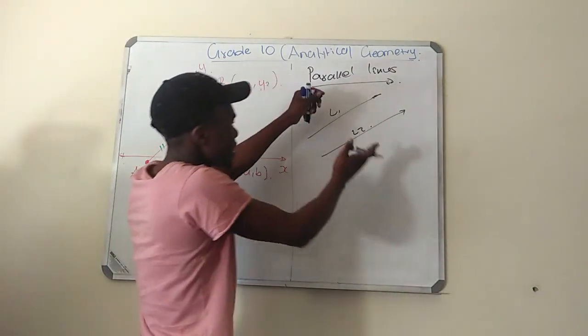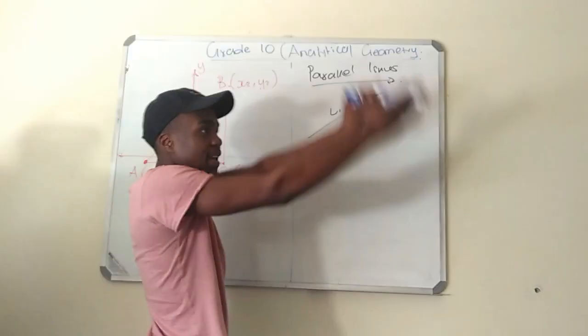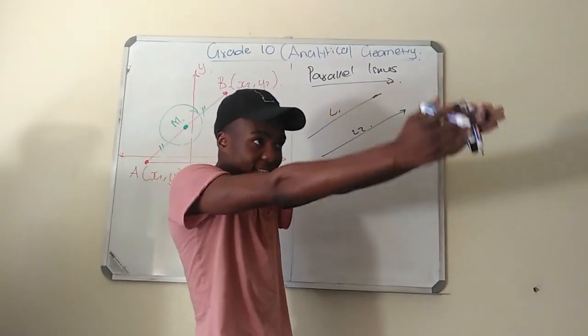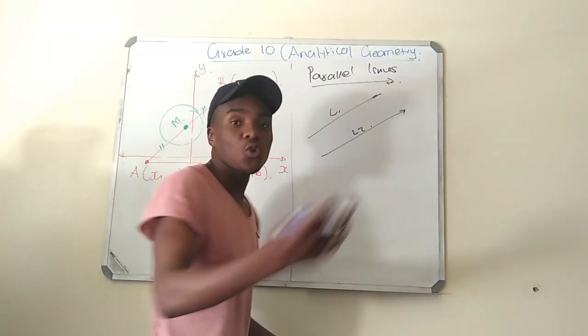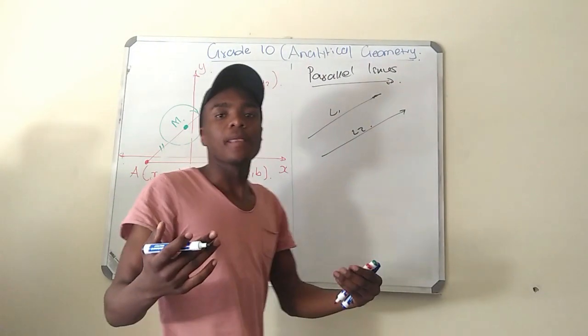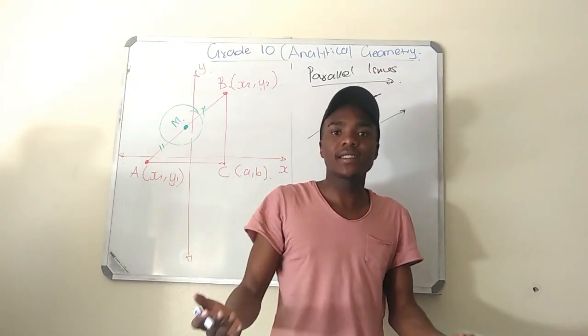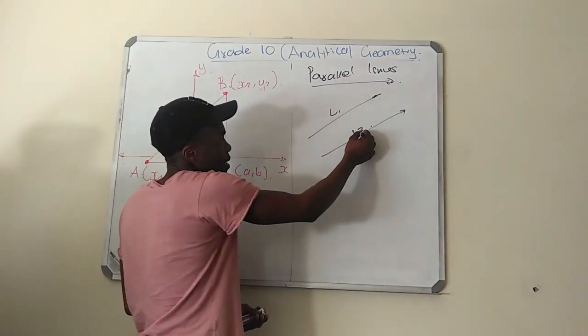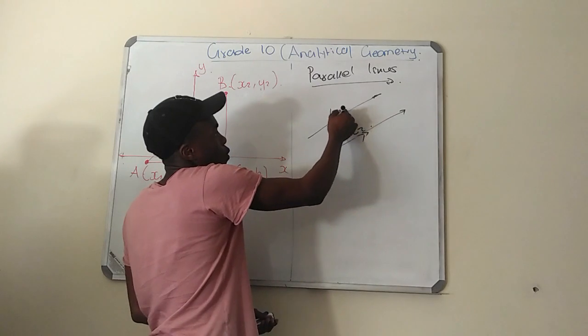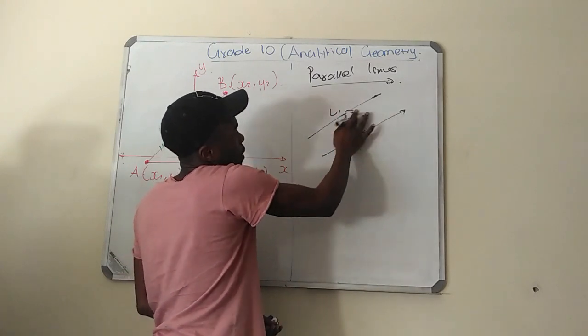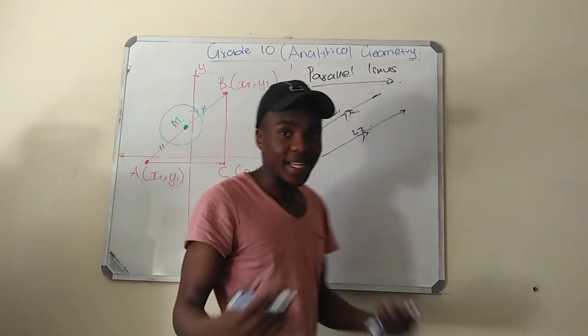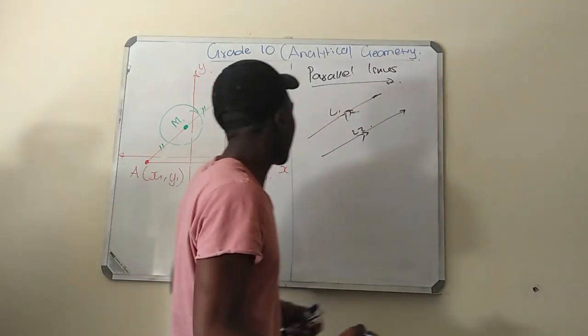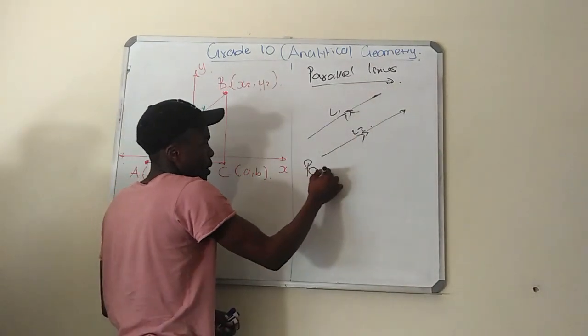You can see these lines are all going in the same direction, so they can never meet. Usually in your book or in your tests, we mark two lines like this to show that we have parallel lines.